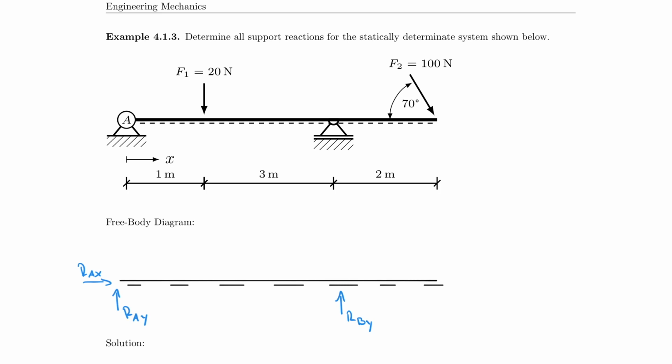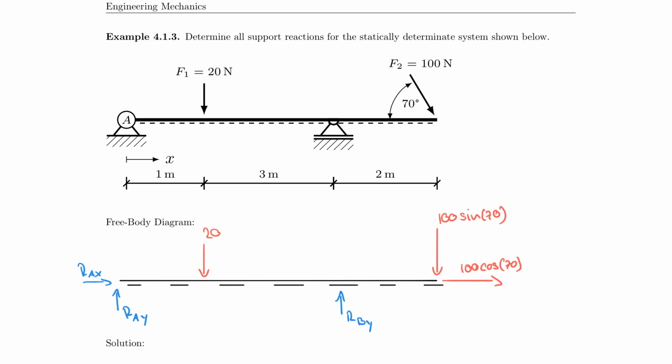Now let's take care of the forces. So I have the 20 Newton acting right here. And then once again I have two force components. One is going down, and the other one I might as well draw here. It points to the right and it points down. So here we have 100 times sine 70. And here we have 100 times cosine of 70.